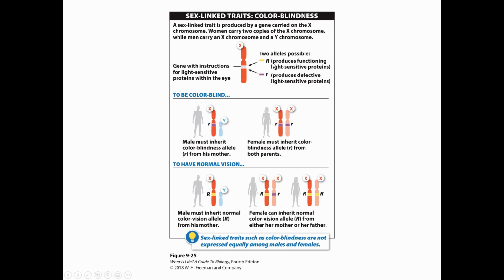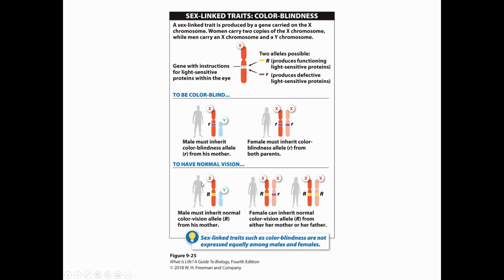So normal vision is considered dominant and color blindness is considered recessive. In order to be colorblind, the male has to have one colorblind allele, the recessive little r, from mom. But in order for a female to be colorblind, she has to have two little r's, meaning she had to get colorblindness from both her mom and her dad.